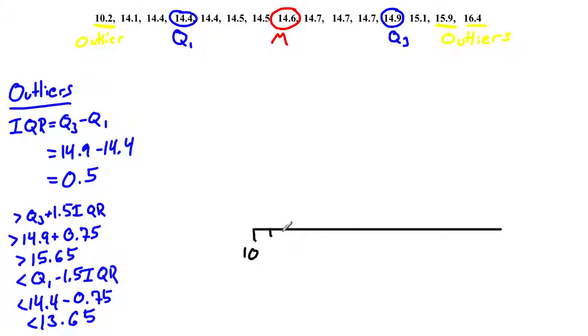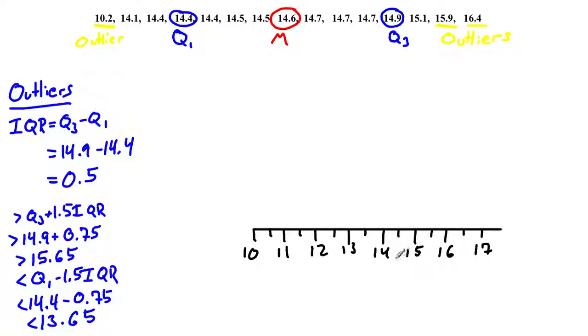This will represent 10.5. And this will represent 11, 11.5, 12, 12.5, 13, 13.5, 14, 14.5, 15, 15.5, 16, 16.5, 17.